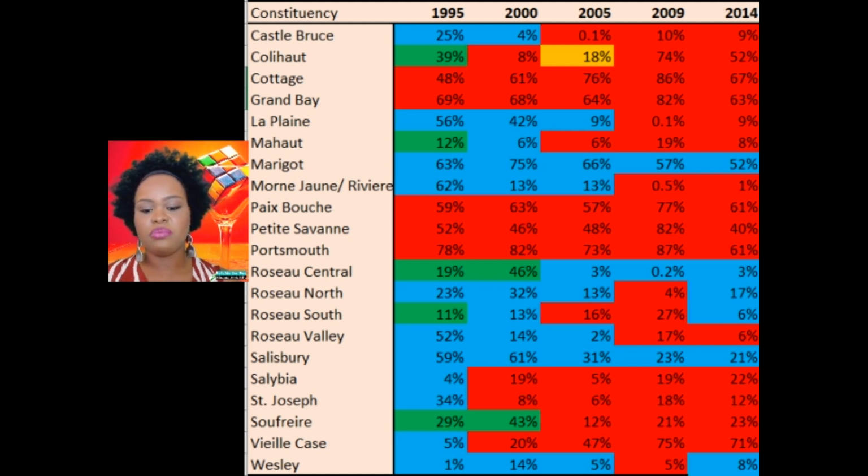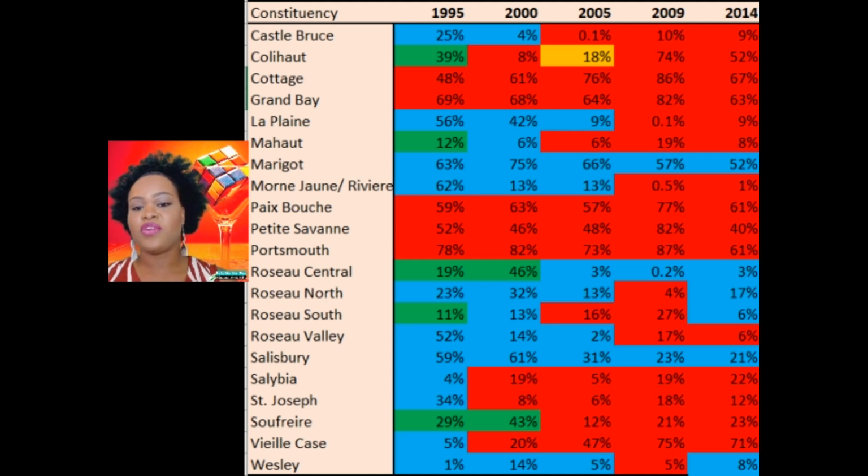So that margin would be the increases and decreases that would have to happen in order for there to be a meeting and then a surpassing by the other party. Example, in 2014, in Castle Bruce, the Dominica Labour Party won by 9%, right?